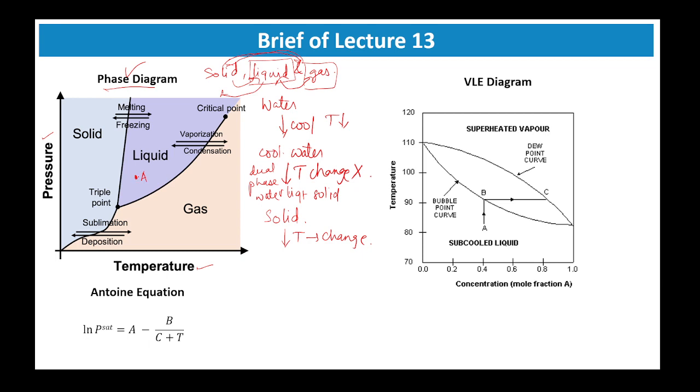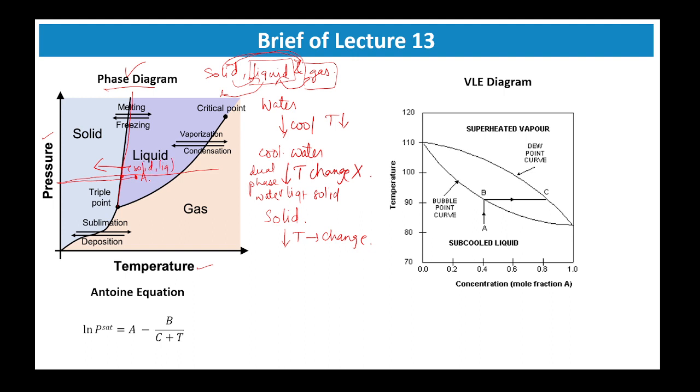Now if you keep the pressure constant at this point and cool down, going in this direction, it will form solid. This solidification will have a transition. This is the transition line for solid and liquid phases. At this point, you will have both solid and liquid.